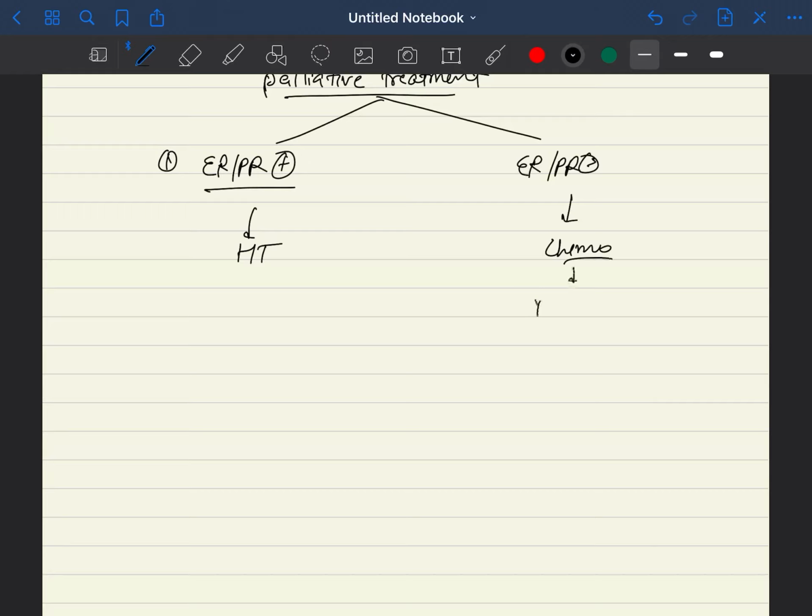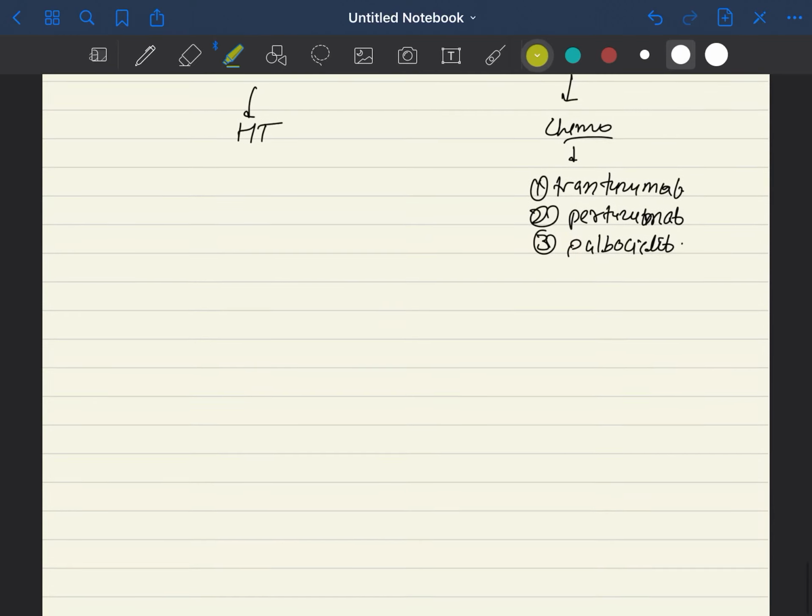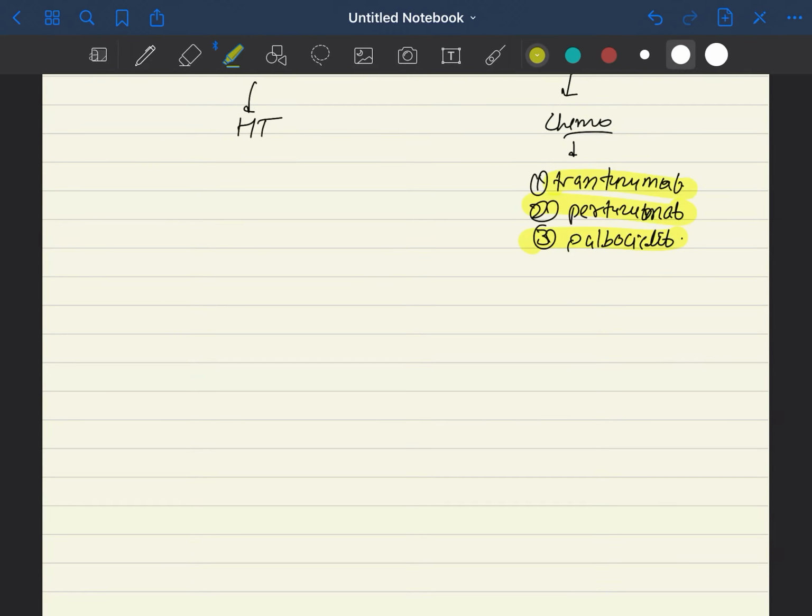In chemo, we can give trastuzumab, pertuzumab, palbociclib. Alright, keep in mind, first we will give hormone therapy.